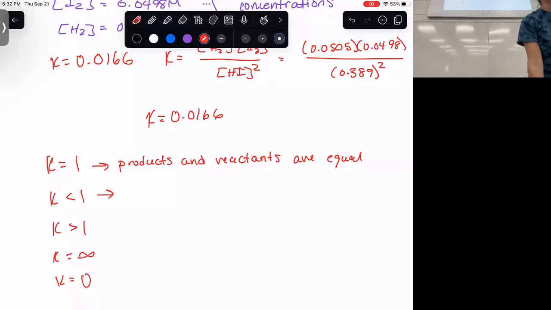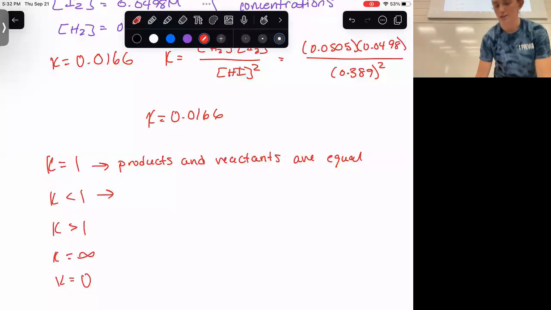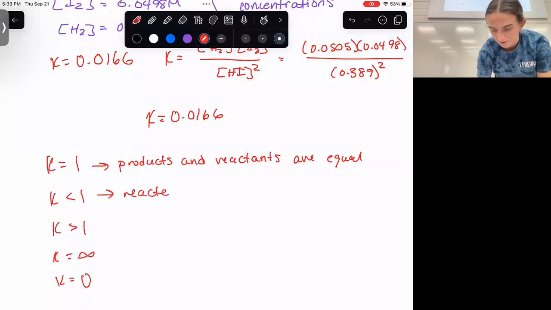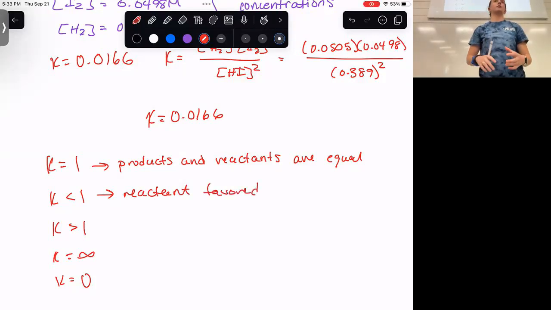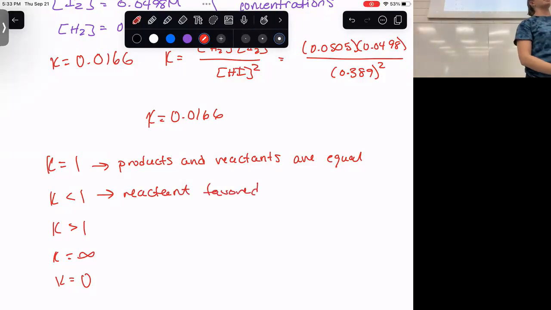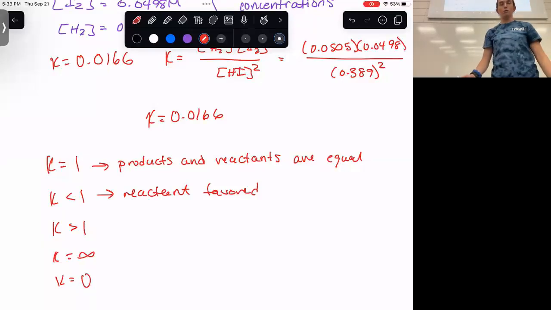The denominator. And what's on the denominator, your reactants or products? Your reactants. So if it's less than 1, it'll be reactant favored. And by favored, that means there are just more reactants than products at equilibrium. What if it's greater than 1? Right, product favored.